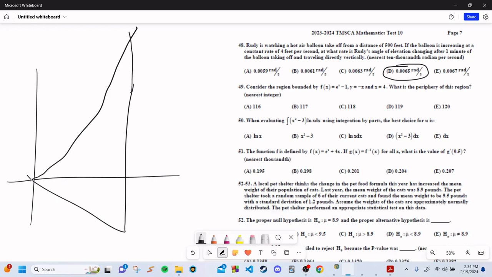So we've got this little region here that starts off at 0 and ends at 4.